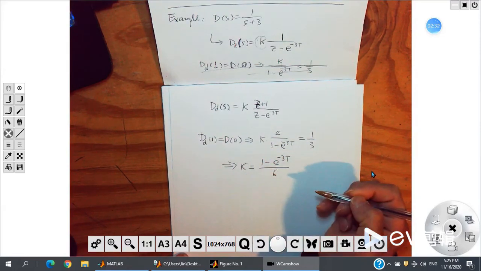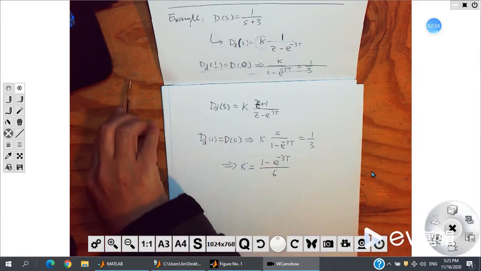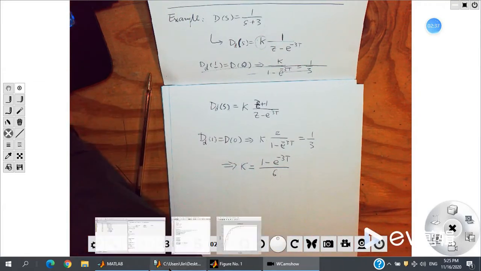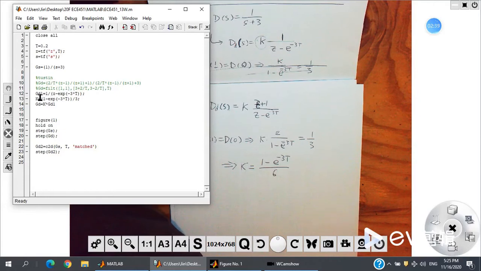Okay, so we need this k. Okay, so let me change here. GD is this one, but now this one should be z plus 1. Alright. And the k will be 1 minus that over 6. Alright. This time it should work.